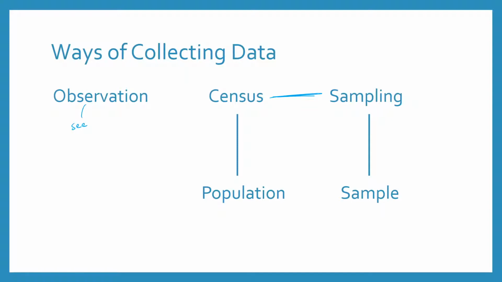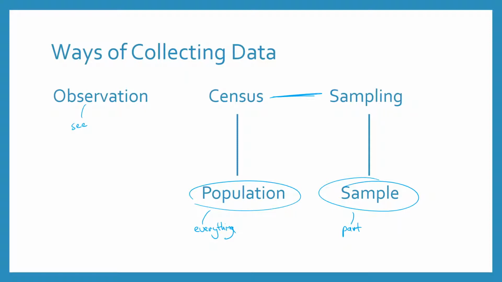And it makes sense to understand these words to help us understand the top two. So a population is when we are thinking about everything. So it's a complete set. So it might be the entire population of Australia or the entire population of year 7 or 8 at school. A sample, however, is when we take just a part of a population or a subset of that.